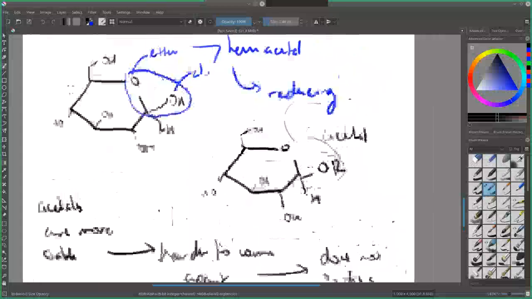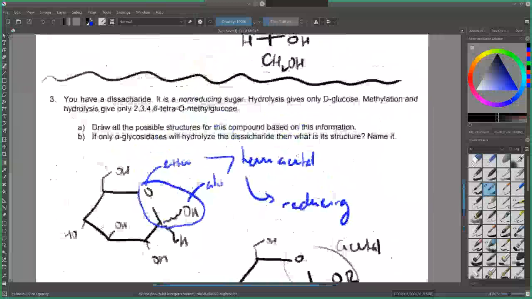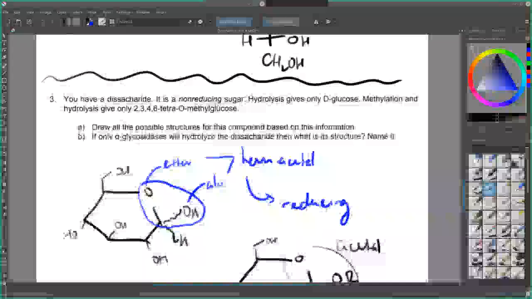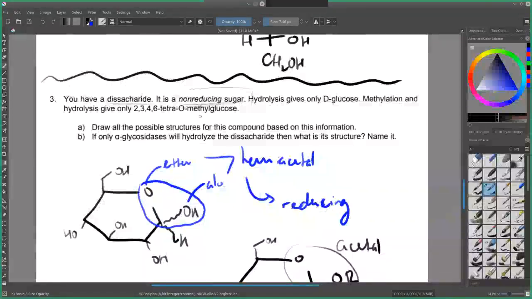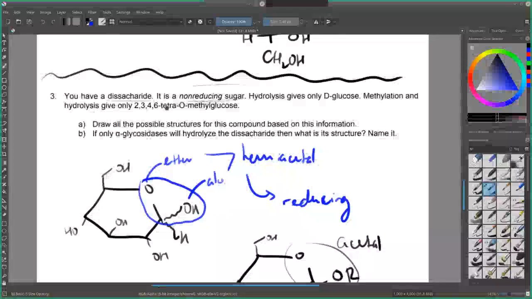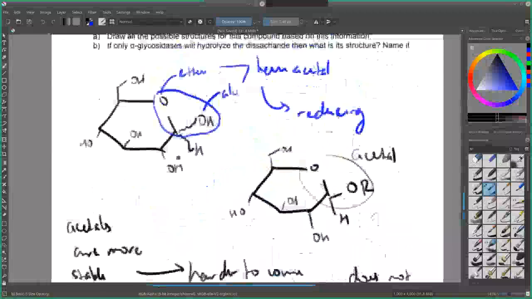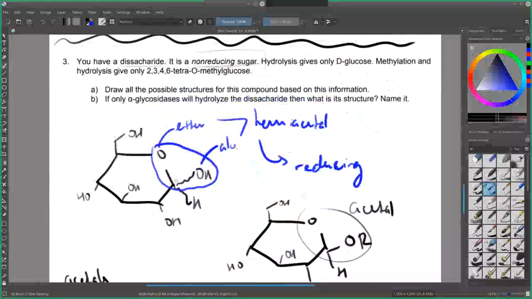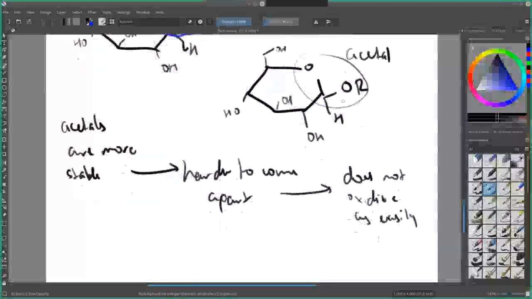So okay, all right. Let's look back up at the problem and see what we're working with. Okay. So it's a non-reducing sugar, meaning that both of the anomeric carbons. So okay, something is a reducing sugar specifically if it's not an acetal at that anomeric carbon.